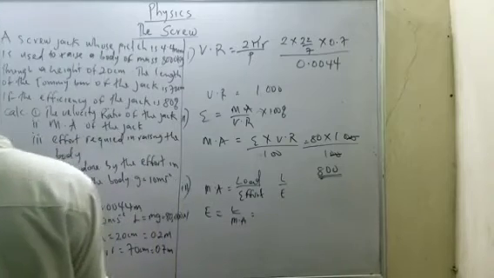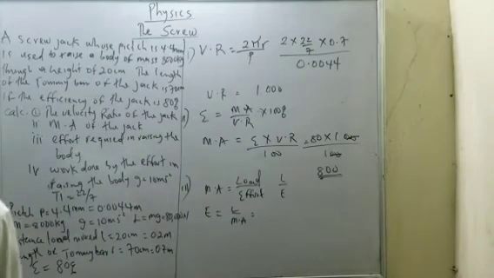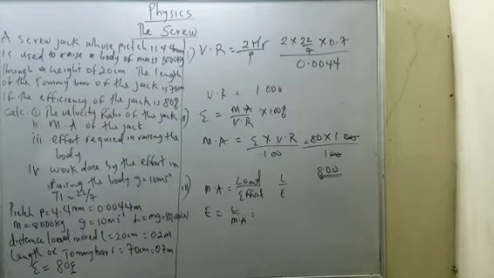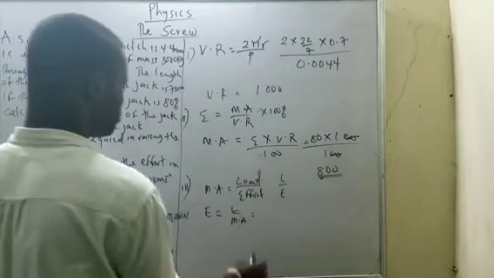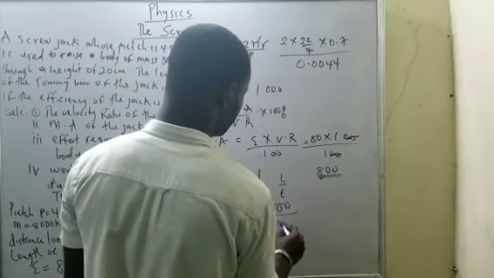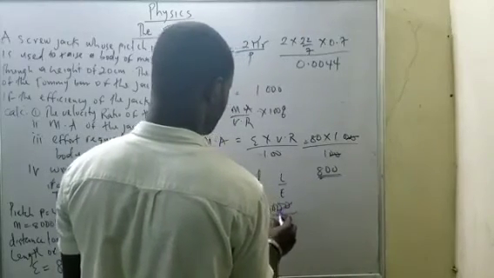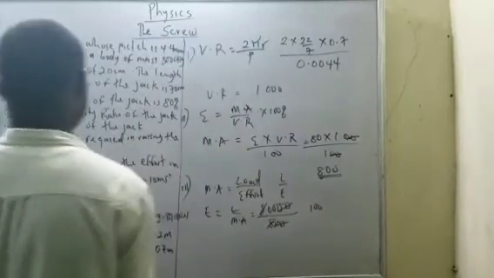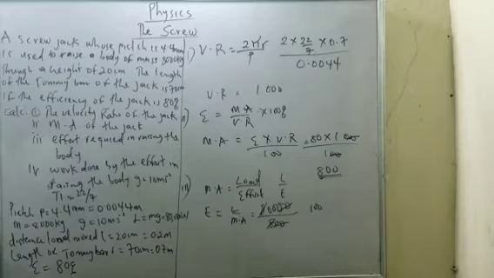What is my load, from what we have converted? 80,000 divided by 800. This will be cancelled, this one will be 1, which is 100. That is my effort, 100 Newton.